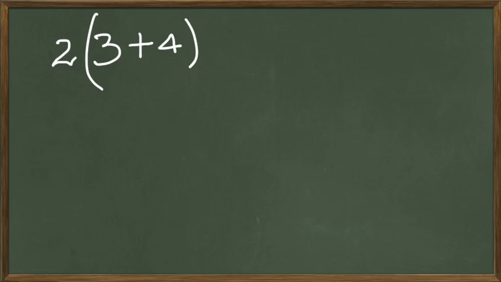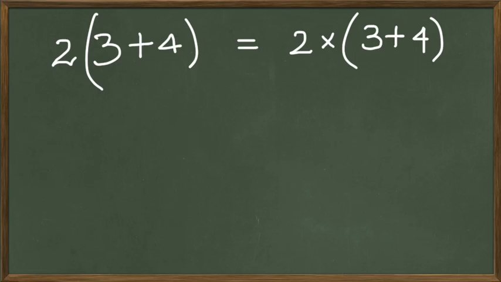Now if we have a set of numbers, let's say 3 plus 4, and we have a little number outside it which is 2, this is basically saying 2 multiplied by 3 plus 4. There are two ways in which you can do this.